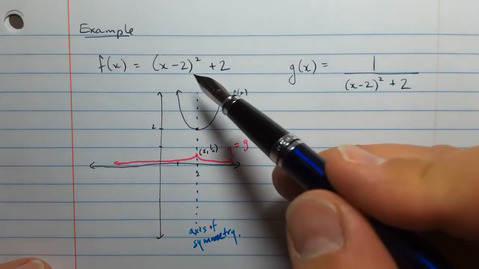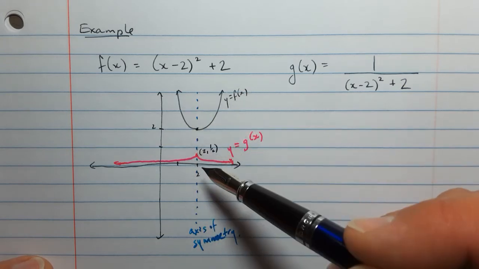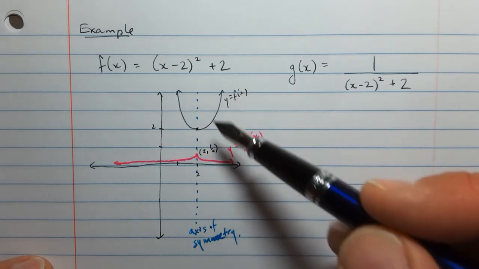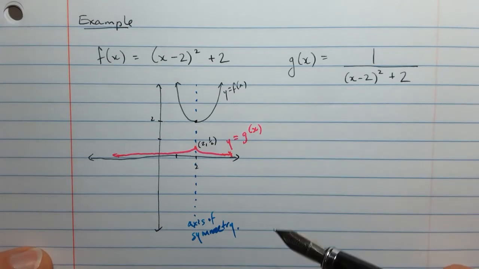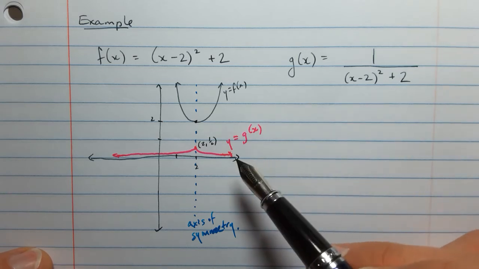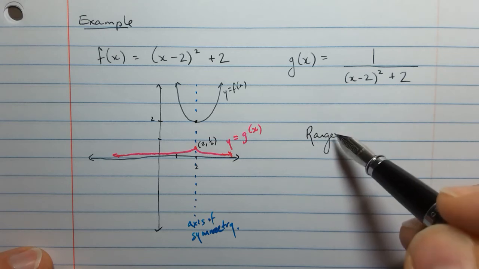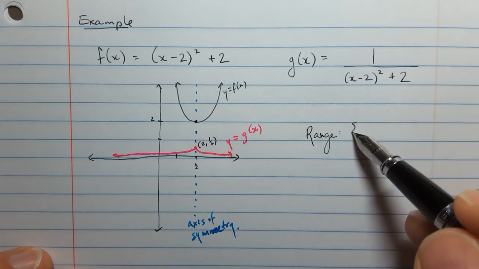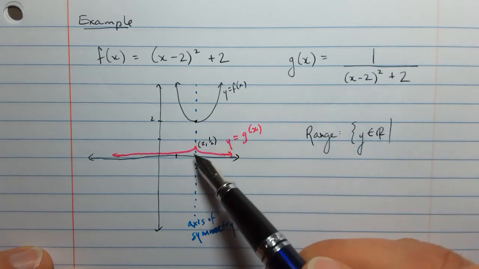Because this was in vertex form, I could see right away that it wasn't going to cross the x-axis. So I didn't have to calculate the zeros. There weren't any zeros. So this one's actually a lot simpler to deal with, and we don't need quite as much detail. Now you might want to just think about what the range might be. The range is the set of all y values that are real numbers such that, well, actually it's pretty limited.